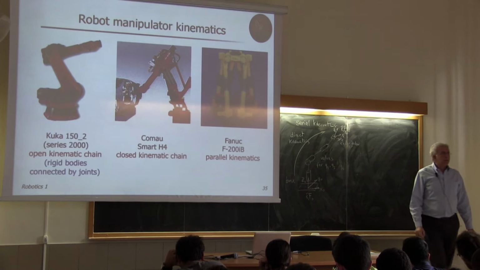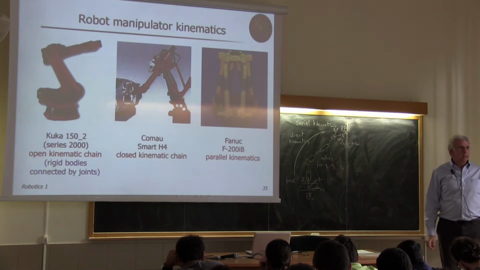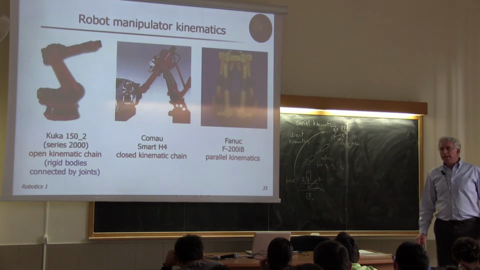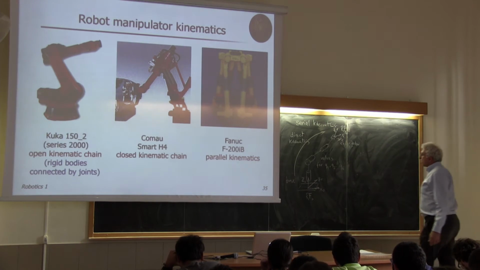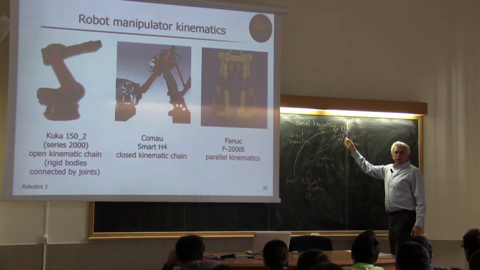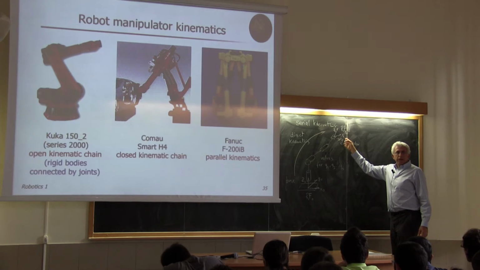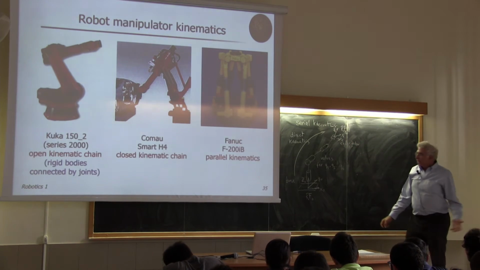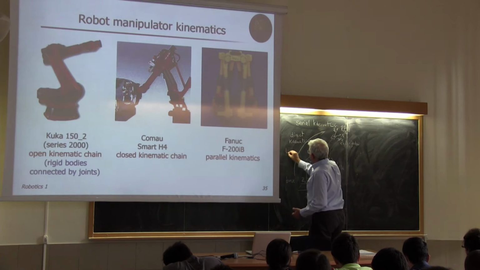Suppose that we have 6 joints, and Q1 to Q6 are angles characterizing the values of these joints, then I can compute position and orientation of the end effector, and this is solving the direct kinematics. Now, this problem is easy.